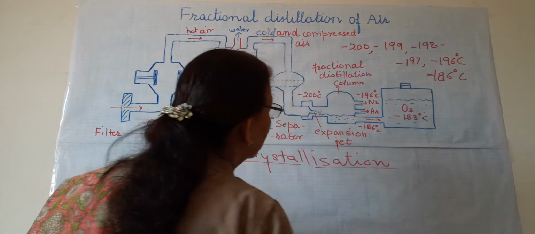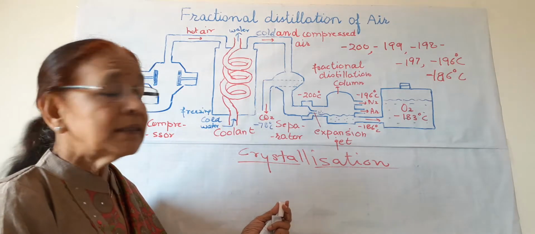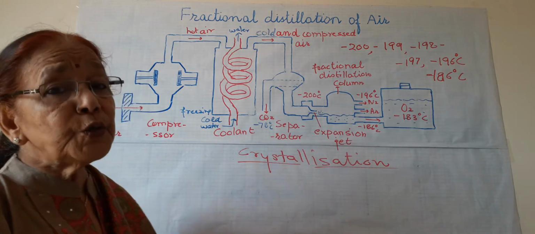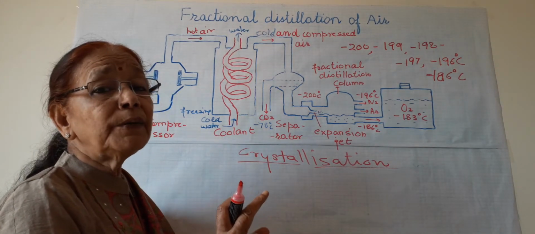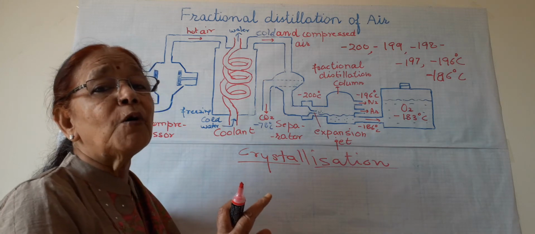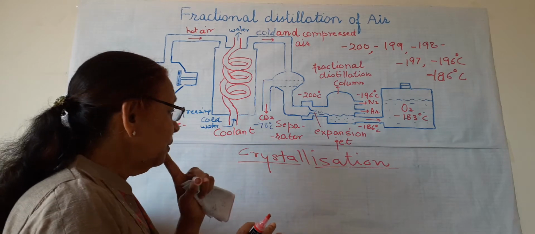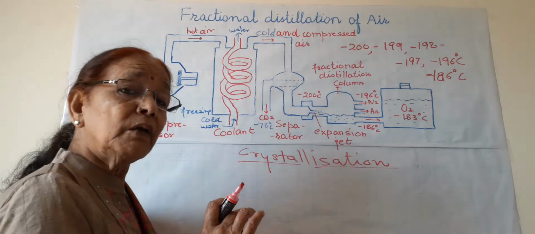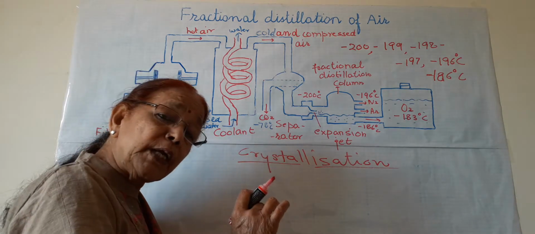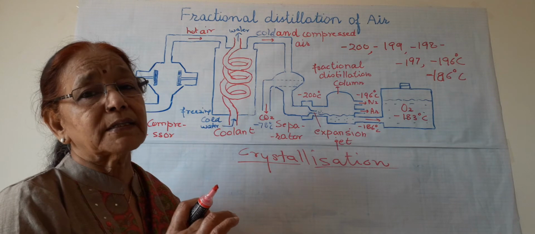So crystallization is formation of crystals, and this technique is used to purify solids from their solution in the form of crystals. Formation of pure solid substances, from where? From their saturated solution. In which form? In the form of crystals.